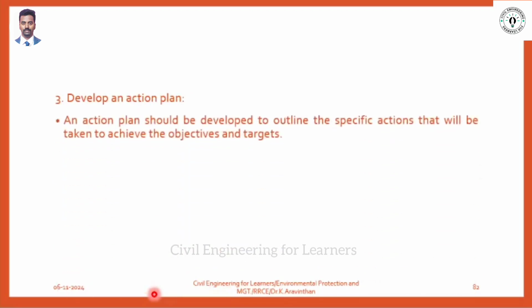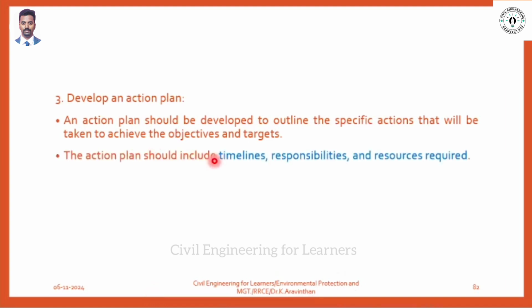Third thing is develop an action plan. After setting the objective and target, you should make an action plan. What is an action plan? You have to purchase. If you are saying LED bulbs have to be installed, first you have to take action. That means replacing 1000 tungsten lamps with 1000 LED bulbs. So you have to purchase that. That is called action plan. The plan should have timelines.